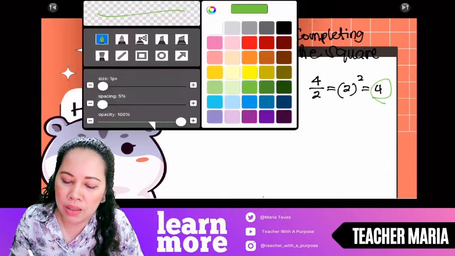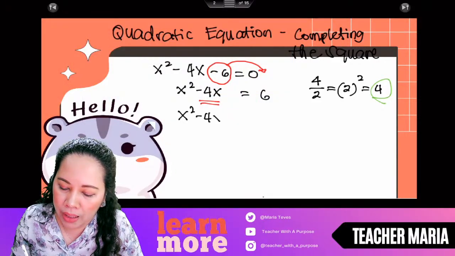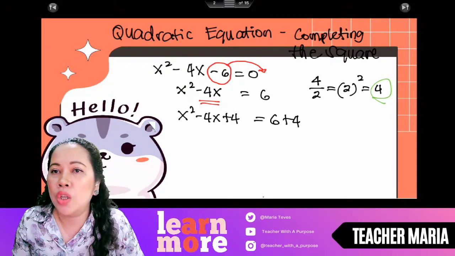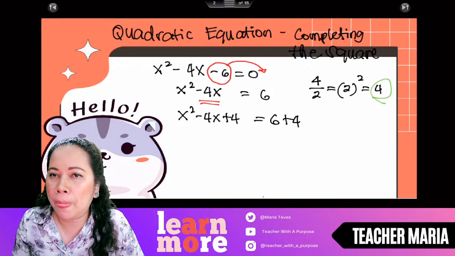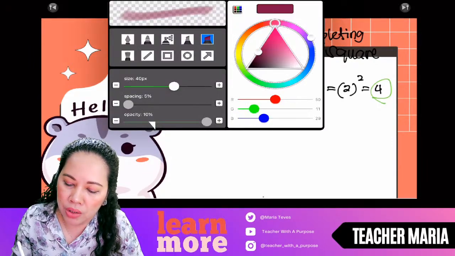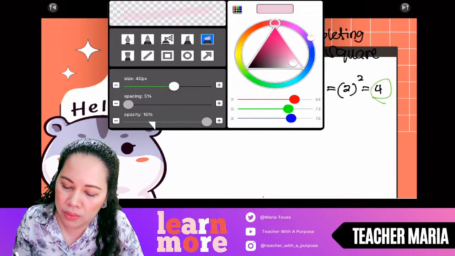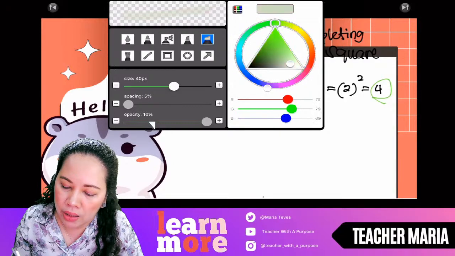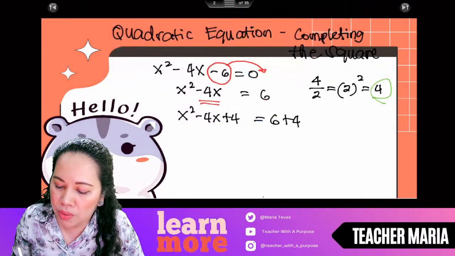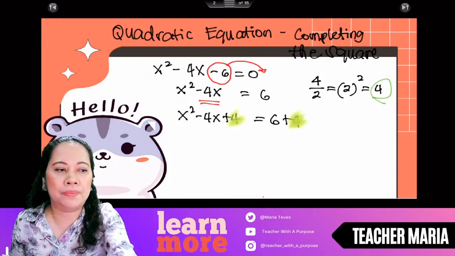So that will be x squared minus 4x plus 4 equals 6 plus 4. You have to add 4 on both sides of the equation.